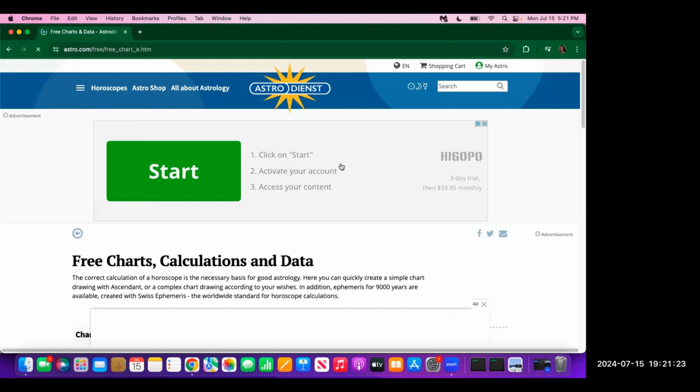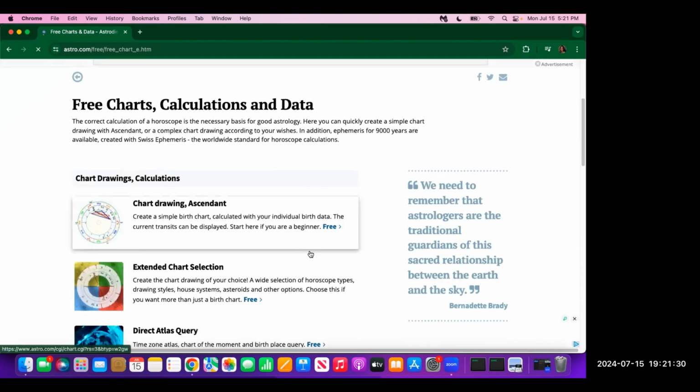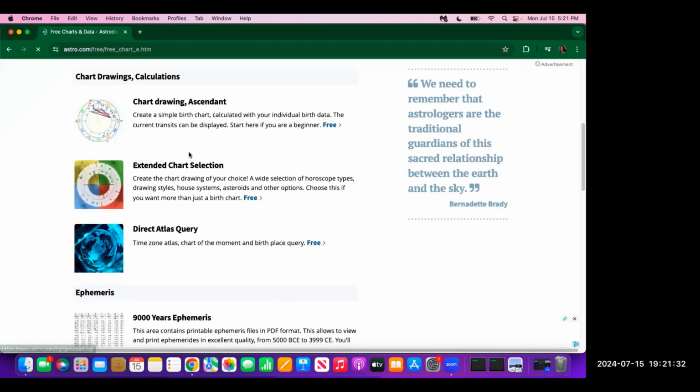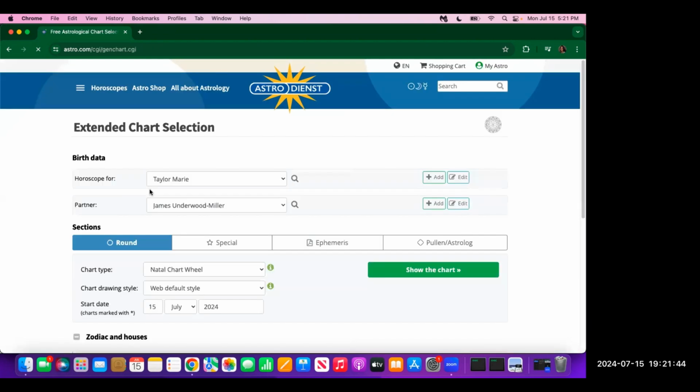A lot of the time, ads will pop up towards the bottom of your screen. I just consistently X out of them because they're distracting. So when you scroll down, it will say charts, drawings, and calculations. You'll want to go to extended chart selection. So this is where you will want to go, and we'll click that.